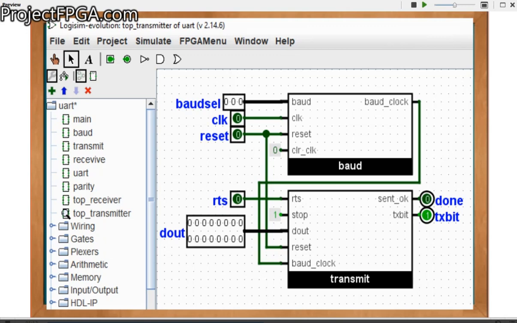The stop signal, when set to 0, enables continuous transmission after every transfer, but when set to 1, the transmitter halts. Only one transfer can be done. The outputs are the done signal, which comes on after transmission is complete, and the TSB signal, which is the actual transmitted bit and is sent serially, one after another.